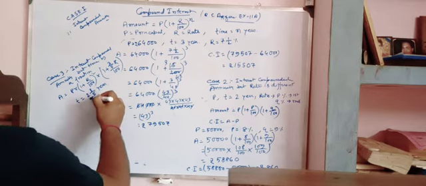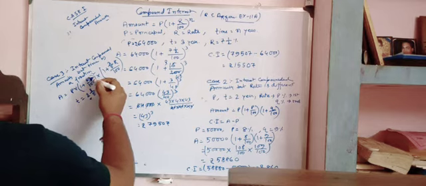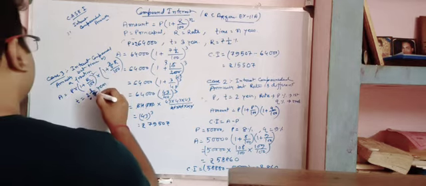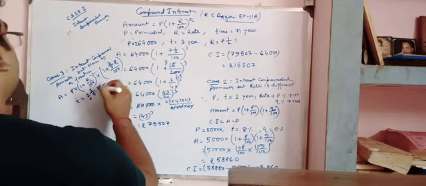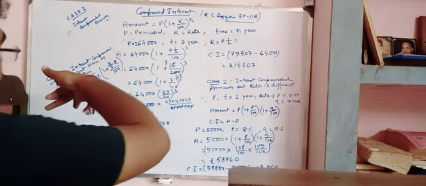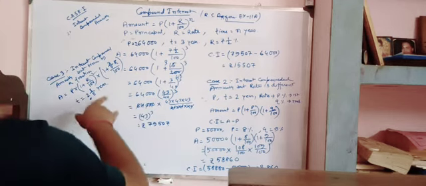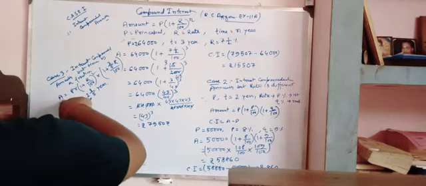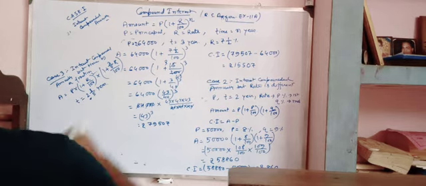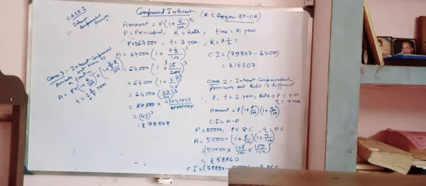For this whole 2 we are taking the same rate, and for this 3 by 5 we are taking 3 by 5 R here. So this is my formula for amount. And similarly for finding the compound interest, we subtract the principal from the amount, A minus P. So that is case 3.